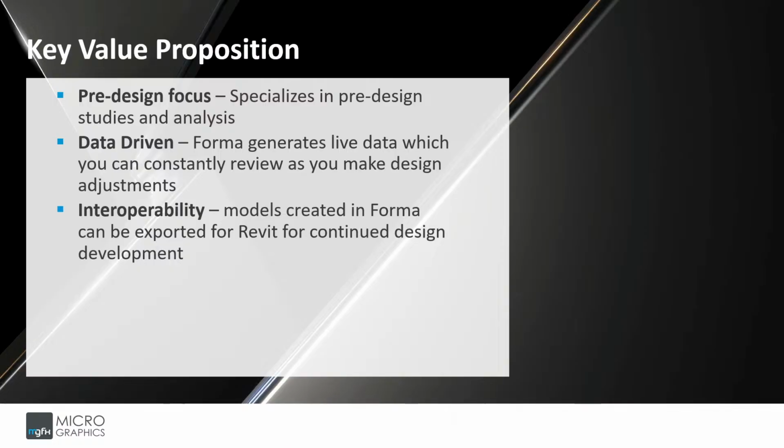When analyzing a specific site or developing massing footprints for a proposed design, Autodesk Forma automatically begins to generate live data relating to the site areas. And this information is crucial when one needs to understand the feasibility of a project early on.